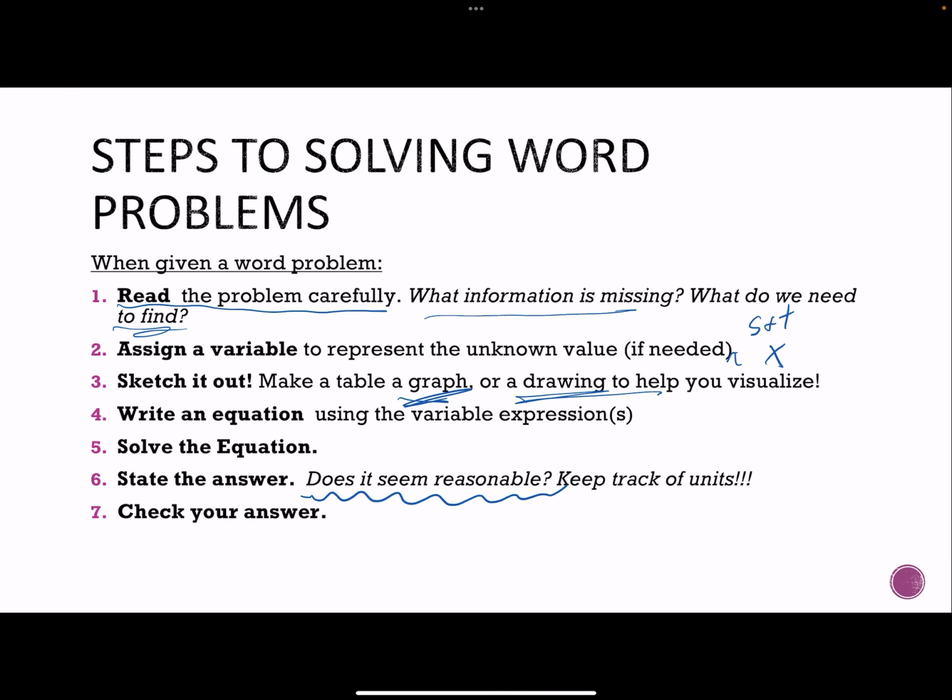They were not driving 125 miles per hour, right? It did not take them 7 hours to walk one block, right? Your answer should seem reasonable. So check it with your gut that the answer does seem reasonable. Again, always keep track of units. And lastly, we'll check our answers. So let's look at 2 simpler examples.